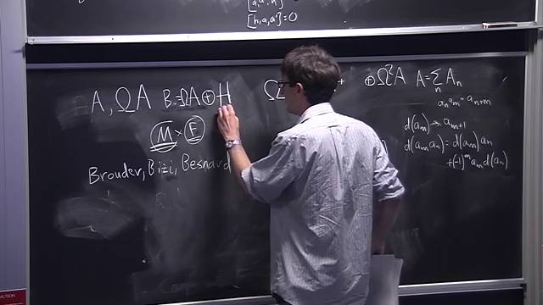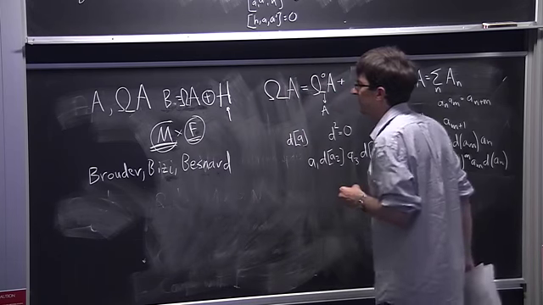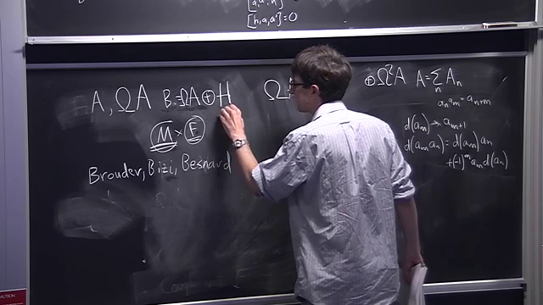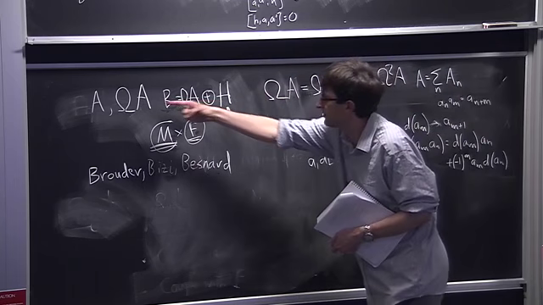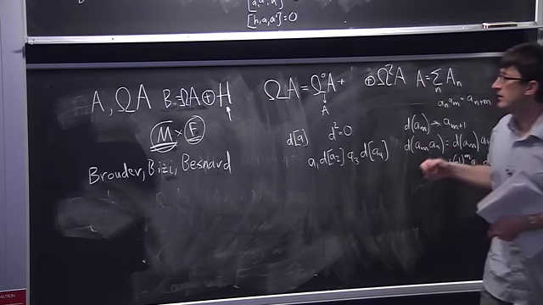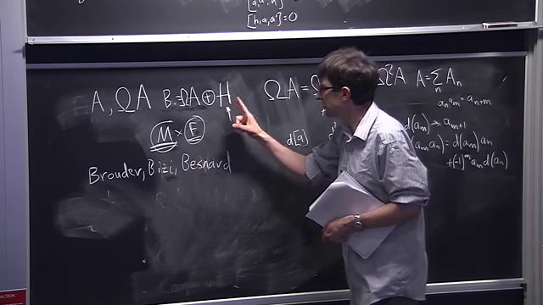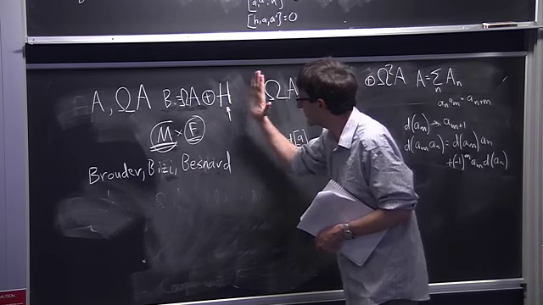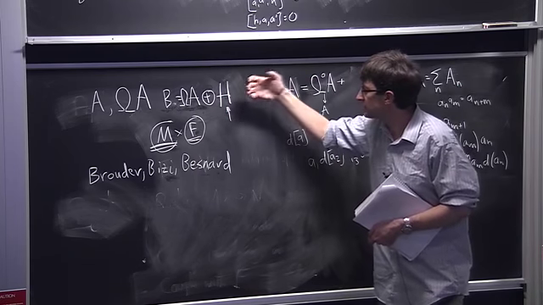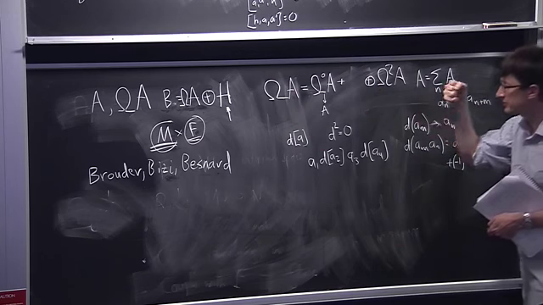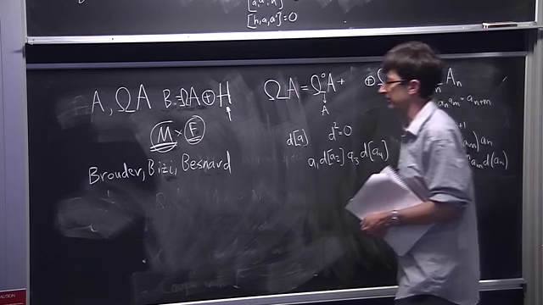We were killing ourselves by demanding that the representation space here was nothing but the original representation space that A was represented on. What we should have been doing is taking some appropriate graded space here, where H, the original representation space, was just one component, but then there were other components.